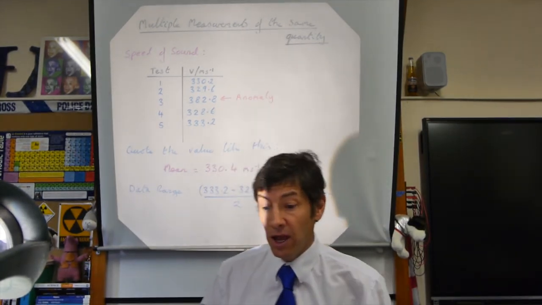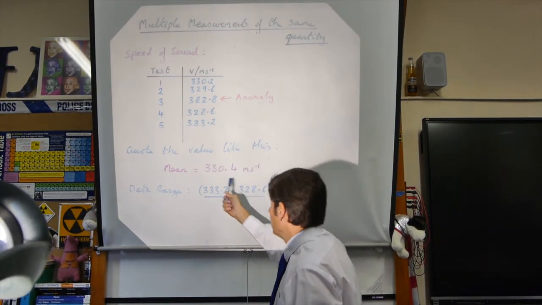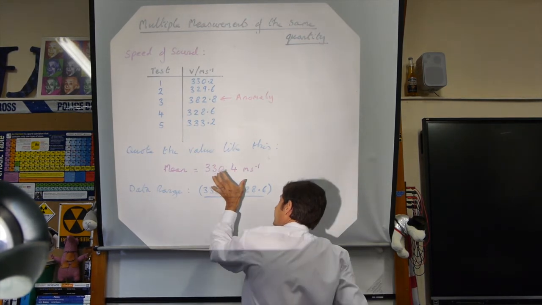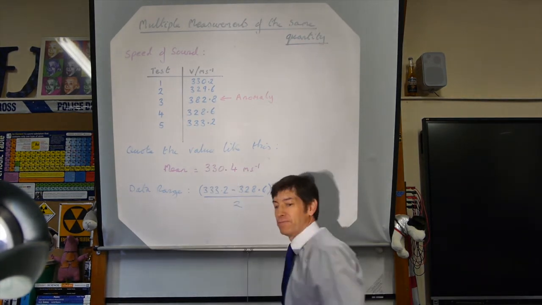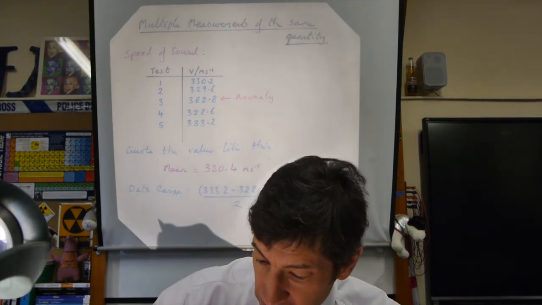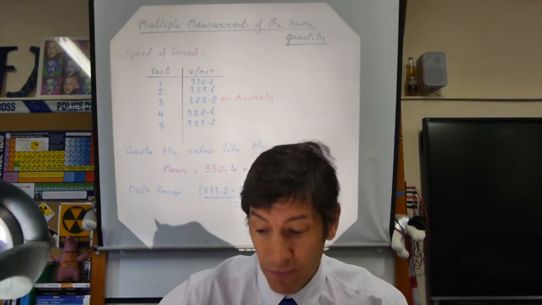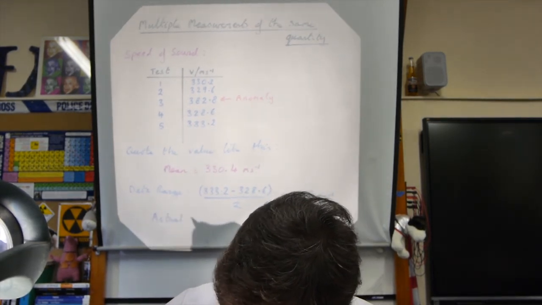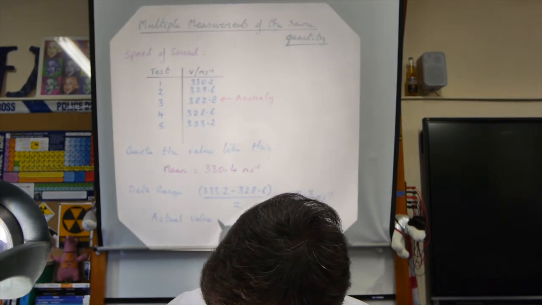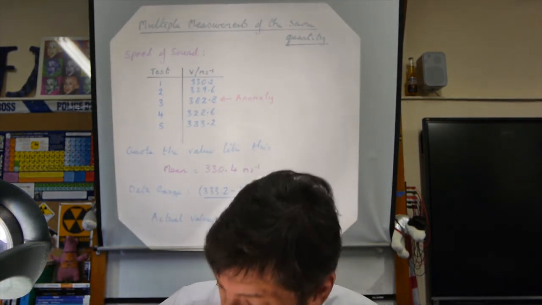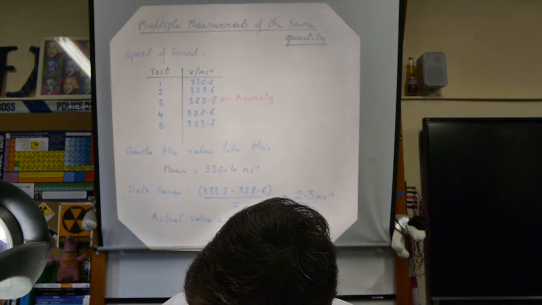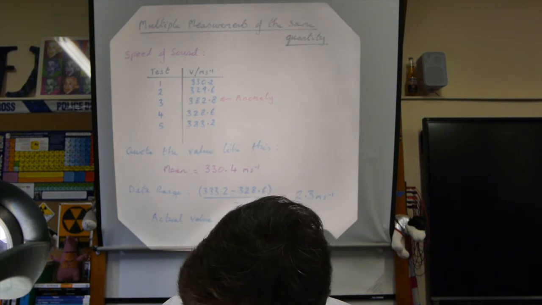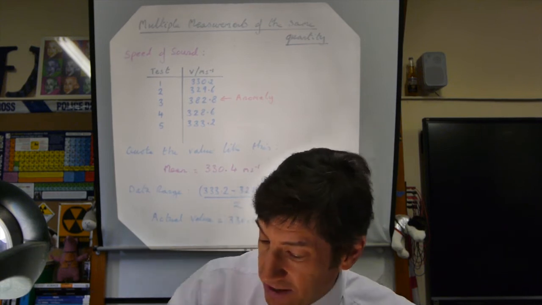So now you can do the correct thing and quote your value. Now this is A level, so you're not just going to stick that down, because you're not telling us what the uncertainty in that is. So what you're saying is that the actual value for the speed of sound is equal to 330.4, that's our mean, plus or minus 2.3 meters per second.